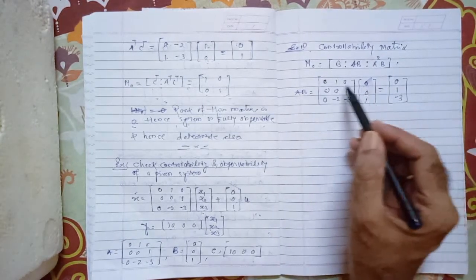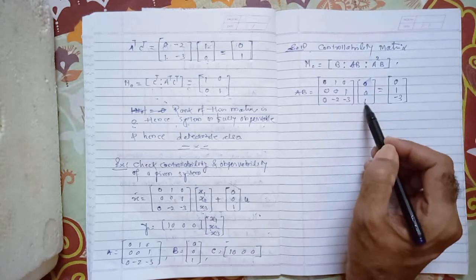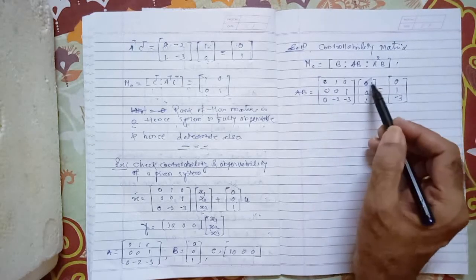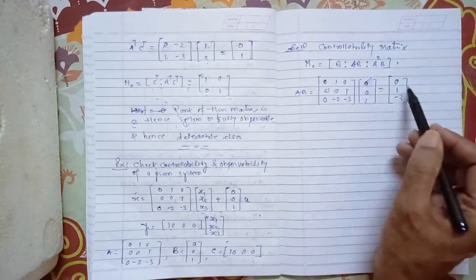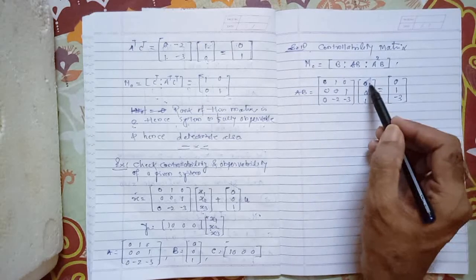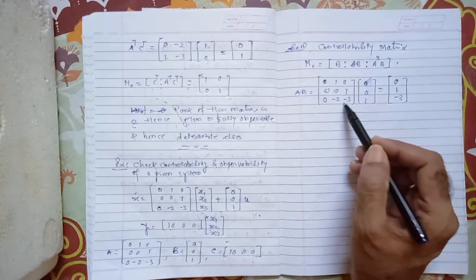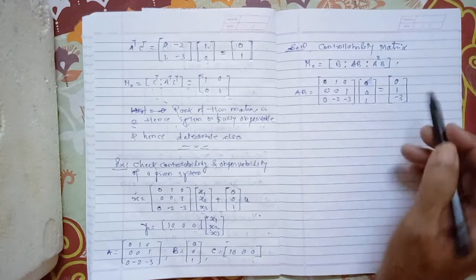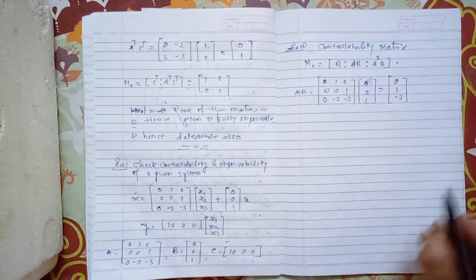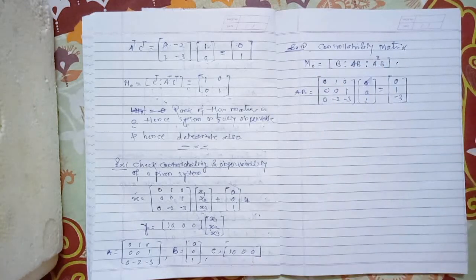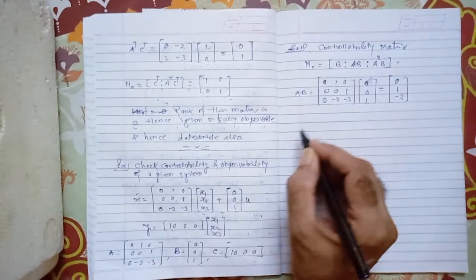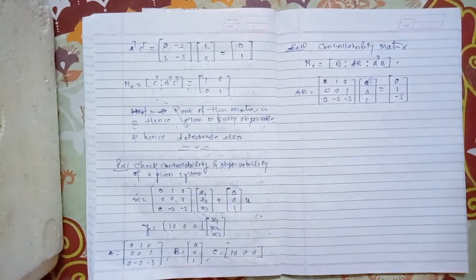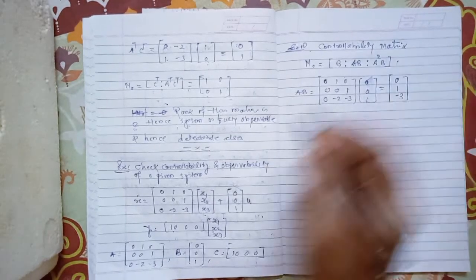This is 0 into 0, 1 into 0, 0 into 1, that is 0. Then 0 into 0 plus 0 into 0, 1 into 1, that is 1. Then 0 into 0, -2 into 0, -3 into 1 is -3. So this is my matrix AB. Now we will find the A square matrix.